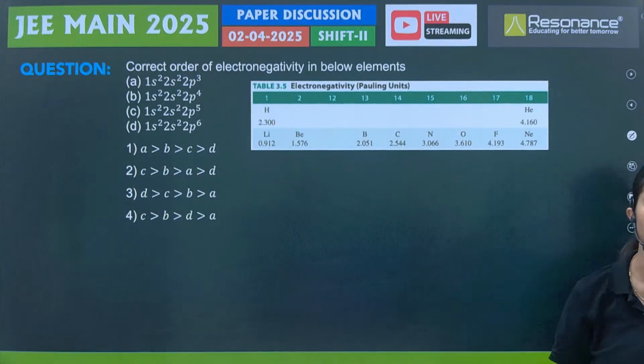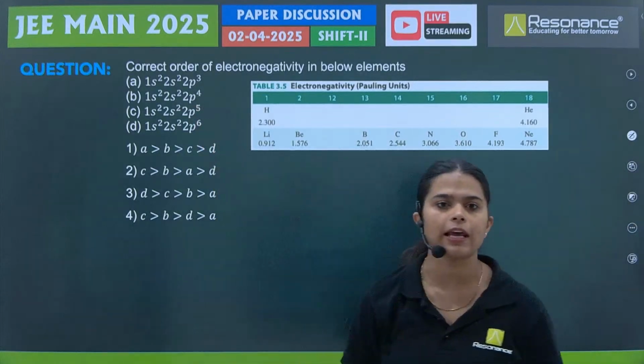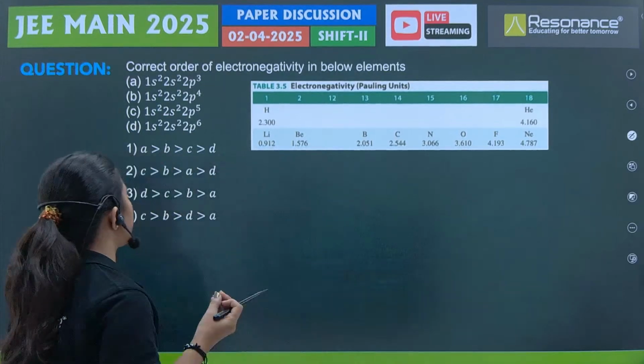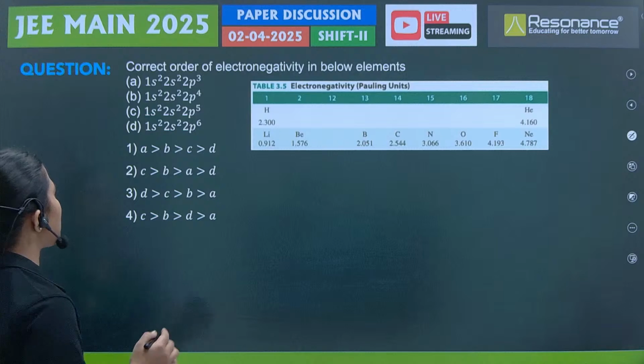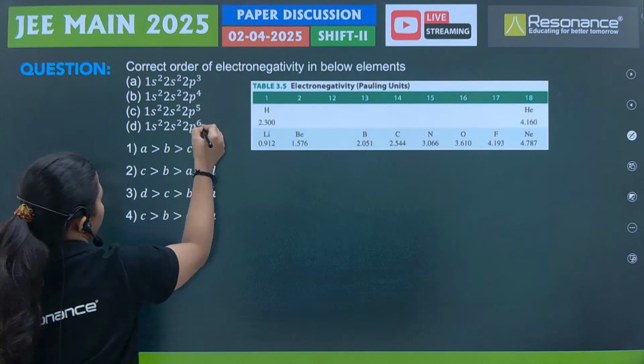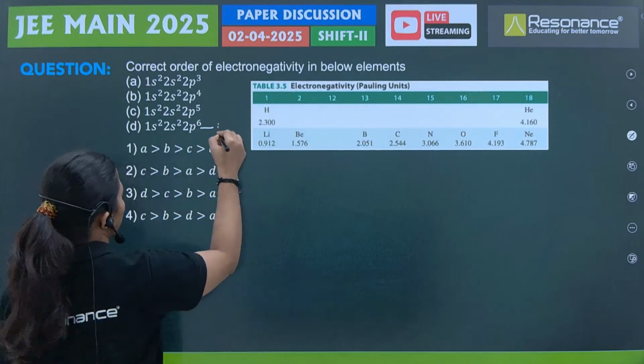We have to tell here the correct order of electronegativity in the below elements. They have given the electronic configurations. If we see the previous year question, what will be the answer here? We know that if the electronic configuration is 1s2, 2s2, 2p6, this is of neon.